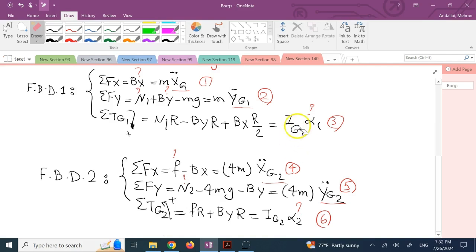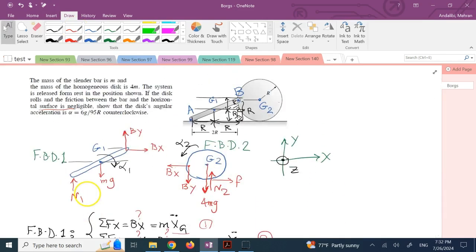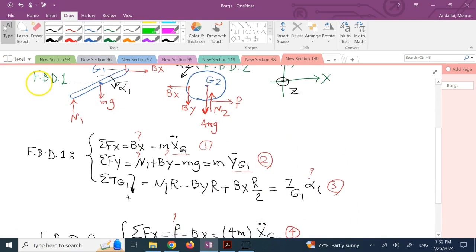How much is I about G1 and G2? Well, G1 is a slender bar, mass is m, length is, we have to find it because one side of it is 2r, one side of it is r, and remember that it is length squared. So this one is mass times length of AB squared over 12. That's about the center.